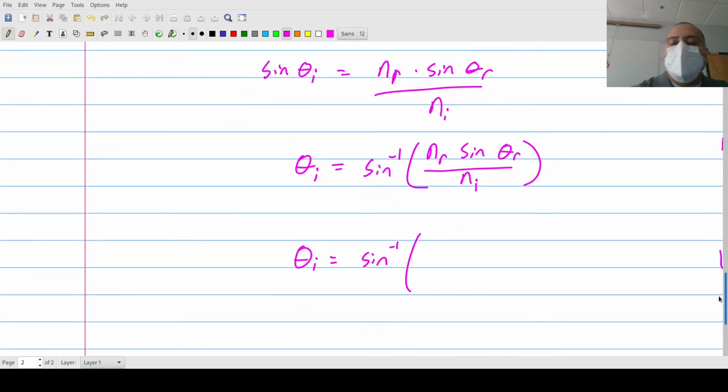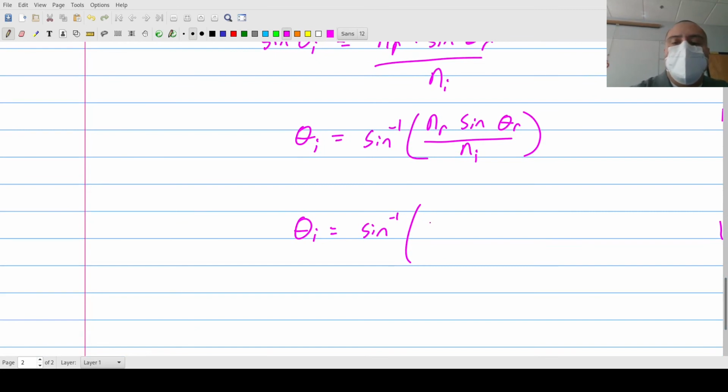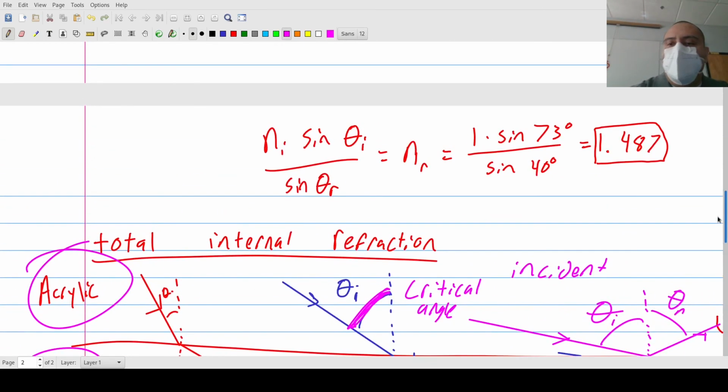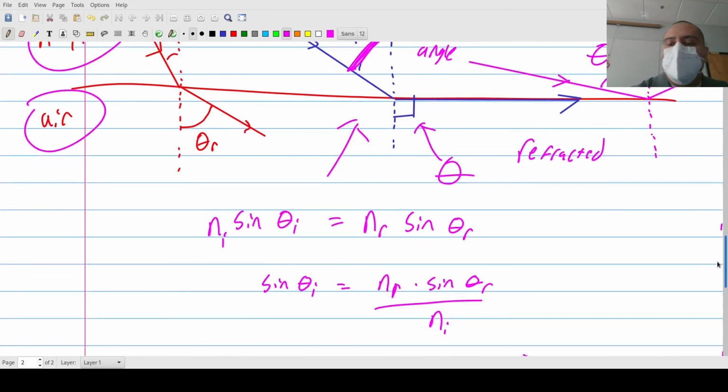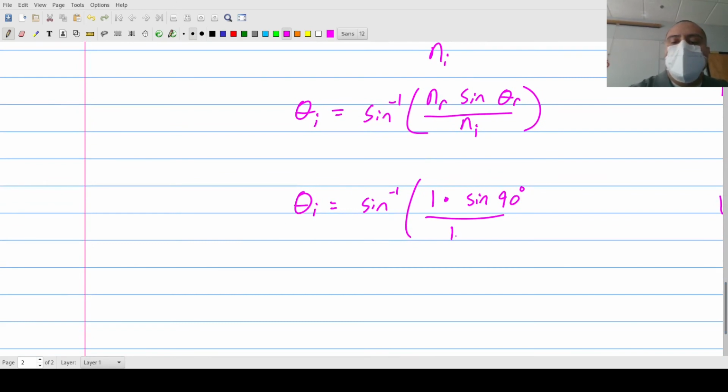So we're going to have n refracted be 1 times the sine of 90 degrees divided by n incident, which we found earlier was 1.487. Plug that into the calculator.